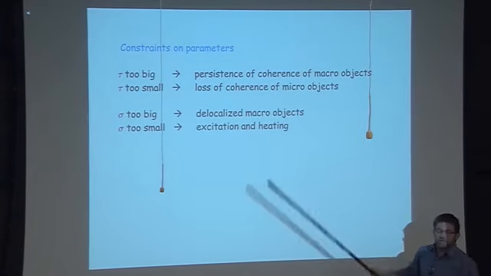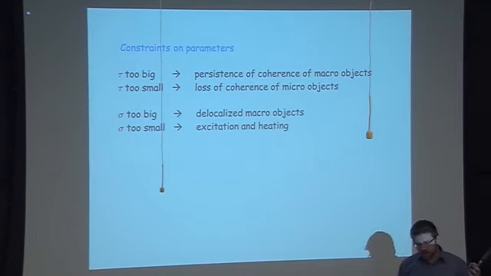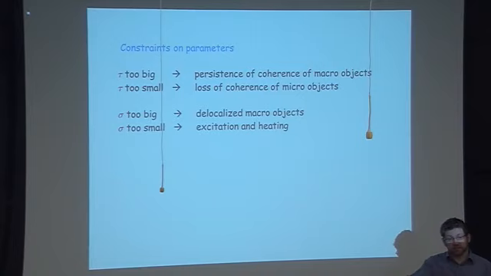But there's a problem there as well, which is that, strictly speaking, this collapse mechanism adds energy to the system. So I didn't say it explicitly, but by positing that things get localized every once in a while, you actually tend to increase the kinetic energy of the system. So if I have a wave packet that's spread out, it has a very low kinetic energy, I localize it to a Gaussian. The kinetic energy is given by the gradient squared. And so I tend to increase the kinetic energy by localizing it.